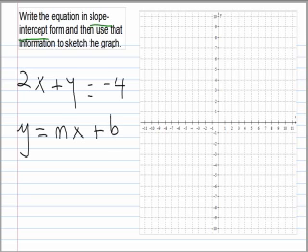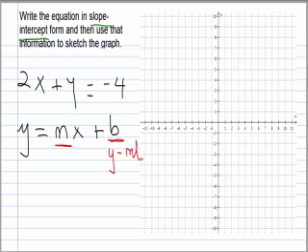And in that format, the slope is right here, the coefficient or the numerical part of the mx term. And the intercept is this constant value on the end. So this is your y-intercept, and this is your slope.